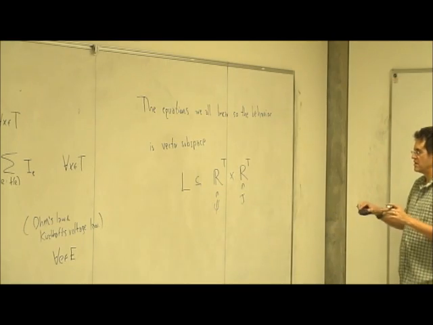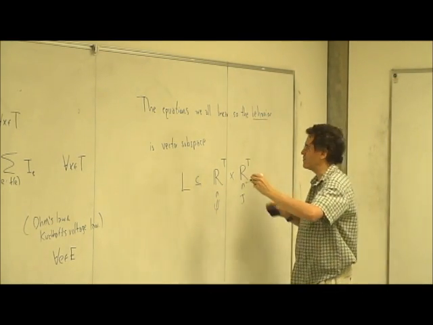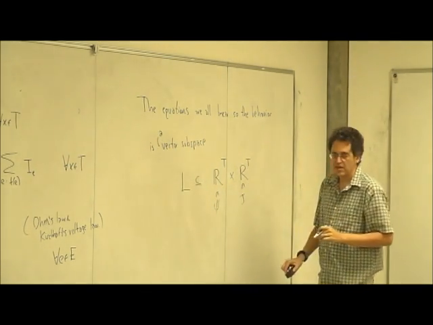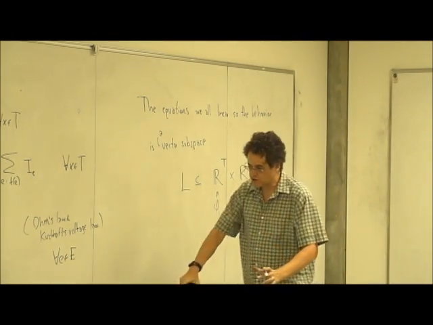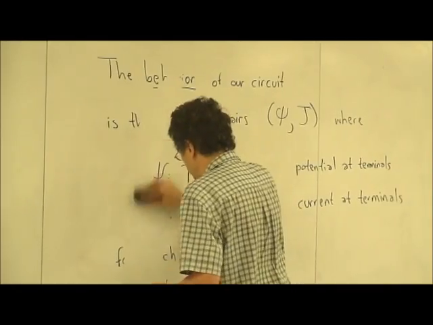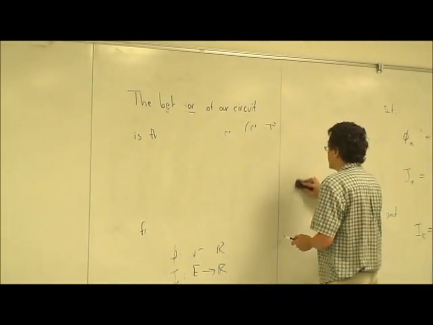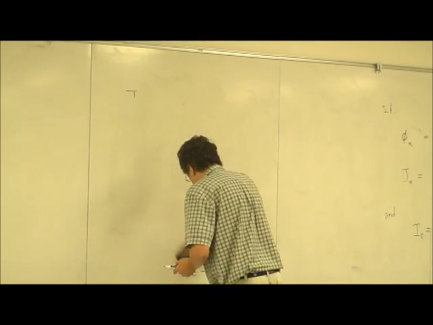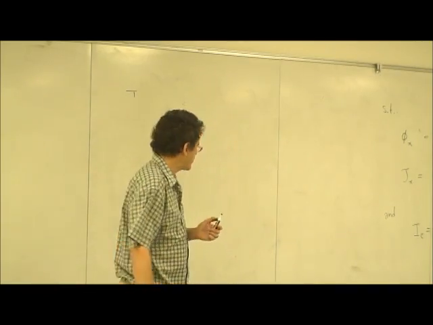That's not the definition of behavior, but that's a basic fact about the behavior. So now what we want to do is show that the behavior is actually defining a functor from the category where the morphisms are circuits to some category where the morphisms are linear relations. I'll sketch how that goes here.